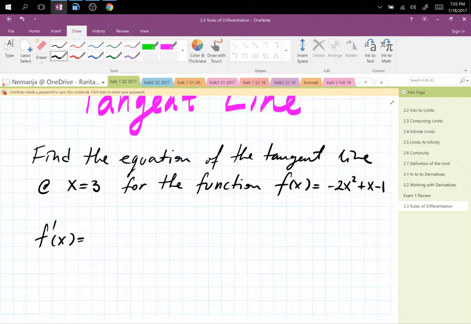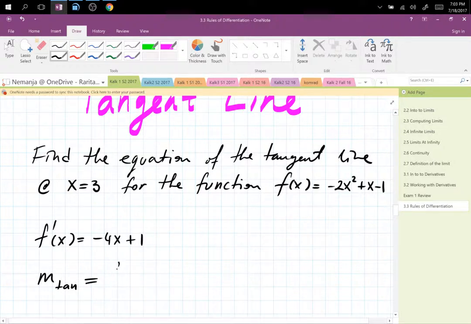anyone? Negative 4x plus 1 is correct. This is the derivative. And here is the big notation line that says the slope of the tangent line is equal to the derivative computed at the point a.